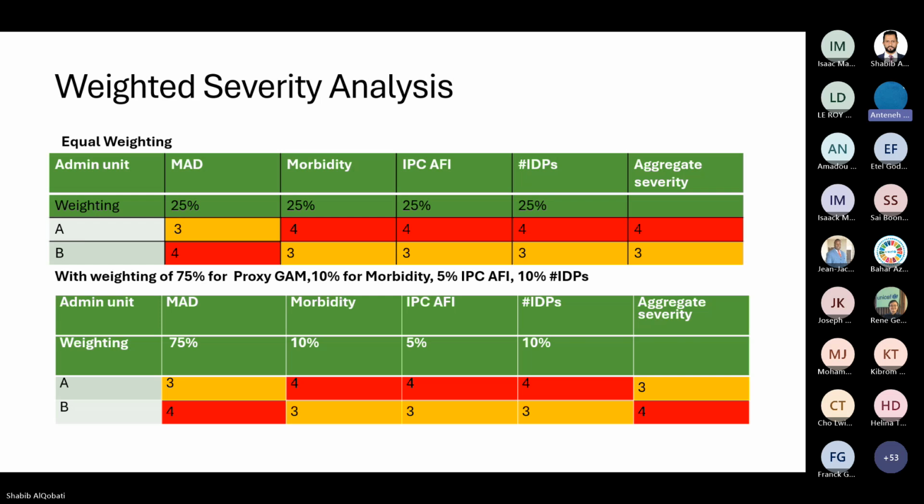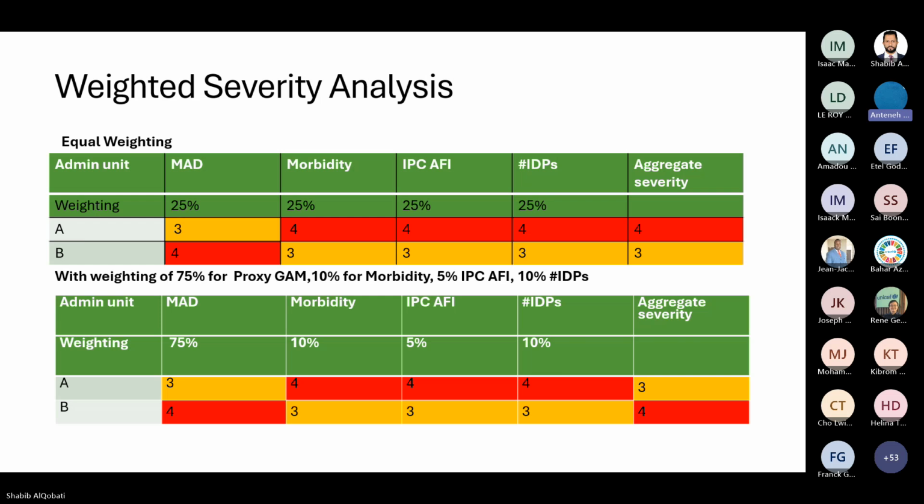If you give equal weighting, obviously the severity is going to be severity 4, even if the minimum acceptable diet, which is a very nutrition-specific indicator, is high. If we apply the same weighting for other nutrition-sensitive, nutrition-related or nutrition-relevant indicators, the severity may be below the nutrition-specific indicator.